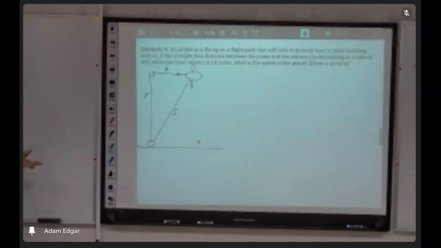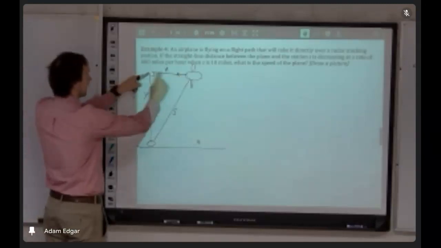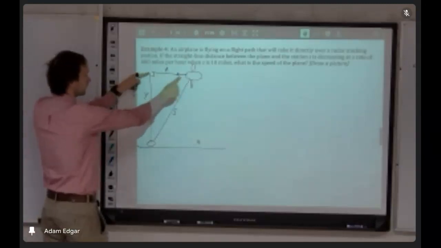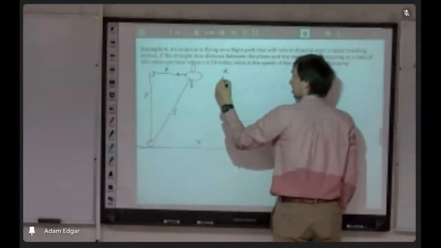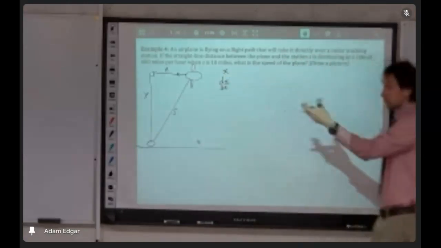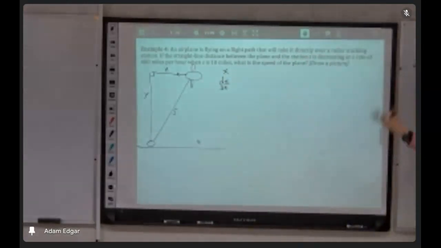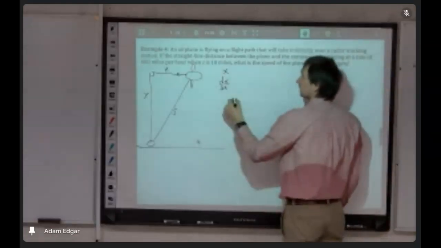So is the x distance of this triangle changing? Yes. So we'll have an x and we'll have a dx dt, because x is a variable, and we know it's a variable because as the plane continues to fly, that distance changes, so dx dt is changing. Is y changing?